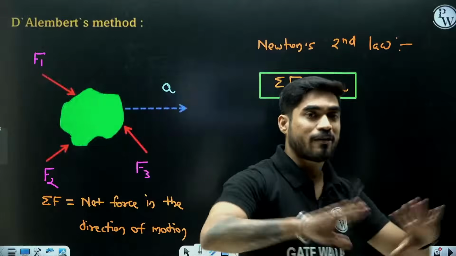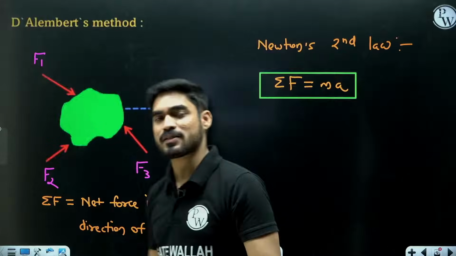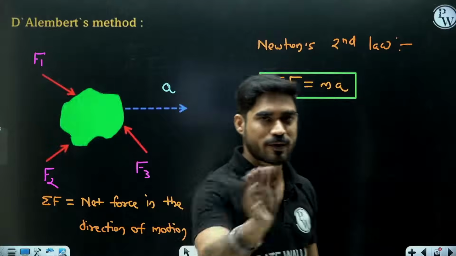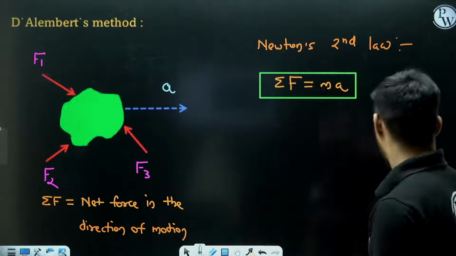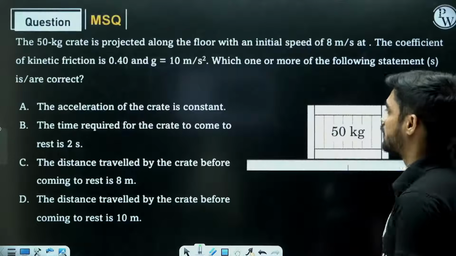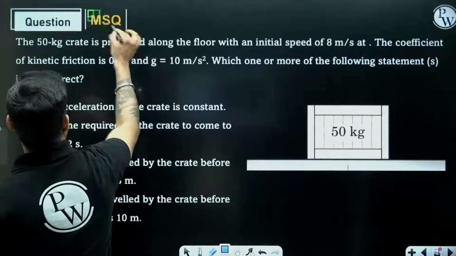So we will solve a variety of problems, and once you solve all these problems then you will be able to judge whether you have to use this method or that method. Okay, chalo, let's start the series of problems. So this is the first problem, and this is an MSQ question.